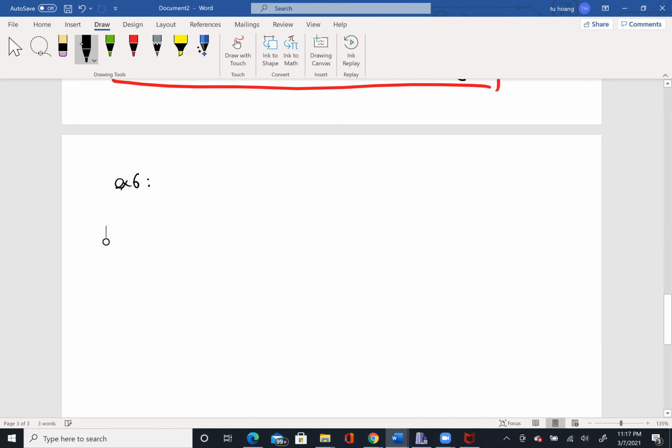So what we're doing: write the answer with positive exponent.